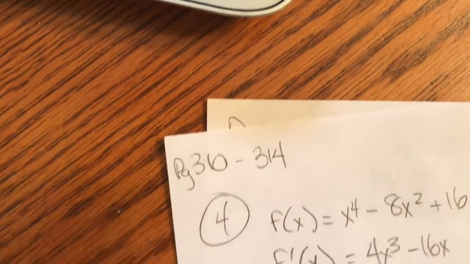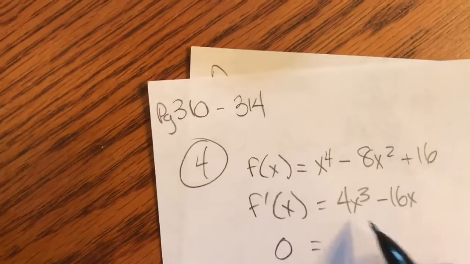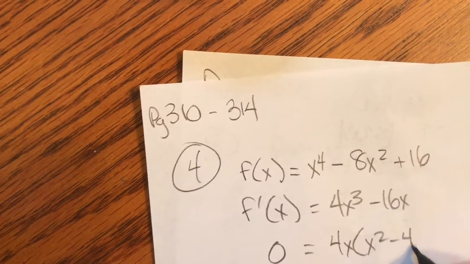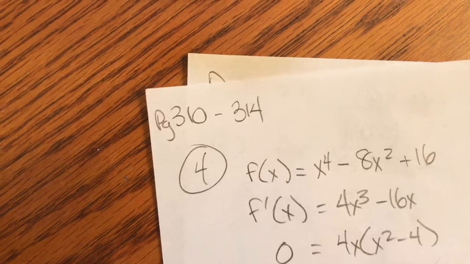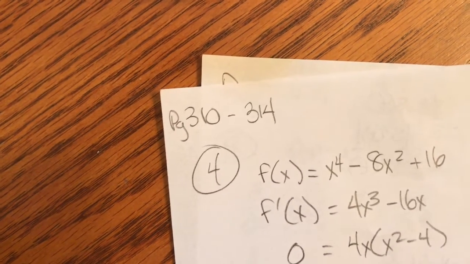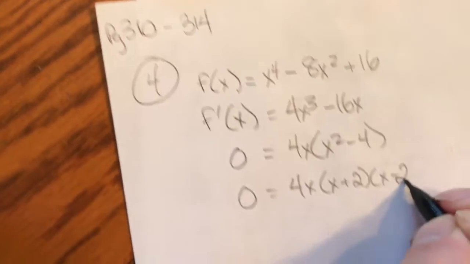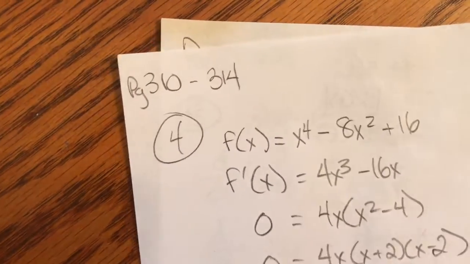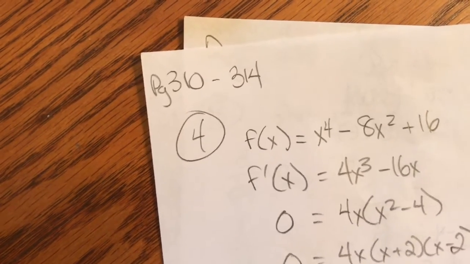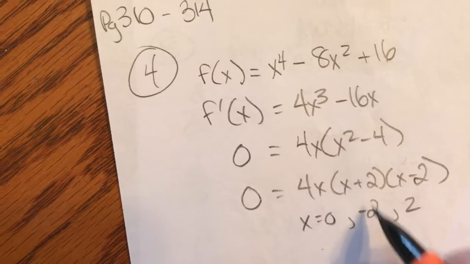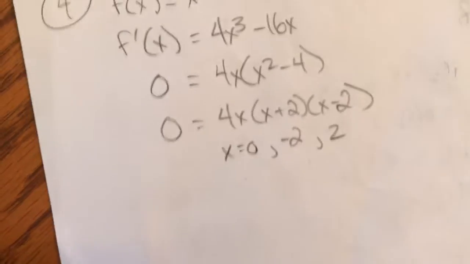This gives me the critical points. So if I pull out a 4x, I'm left with x squared minus 4 equals 0. This is a difference of squares, so I'm going to factor that out. x is going to be 0, negative 2, and 2.